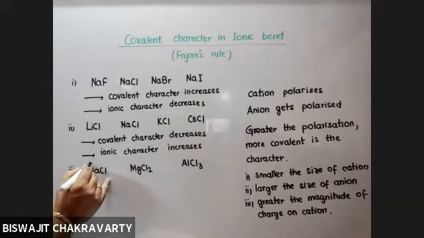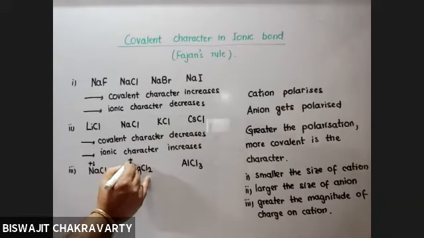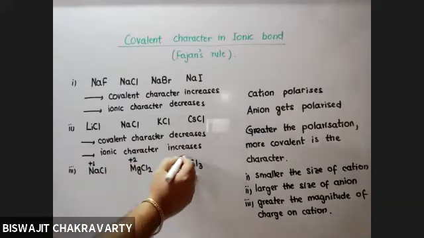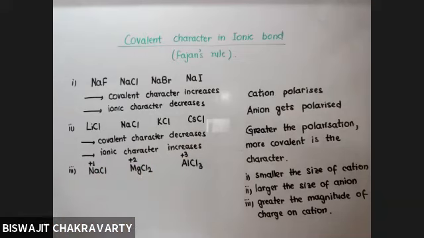What is the charge on sodium? +1. What is the charge on magnesium? +2. What is the charge on aluminium? +3. Now apply the third rule of Fajans and tell me, out of the three, who do you think is most covalent? Aluminum chloride.